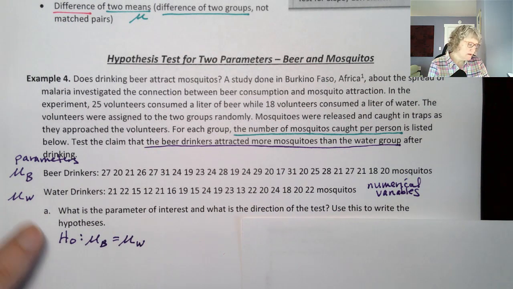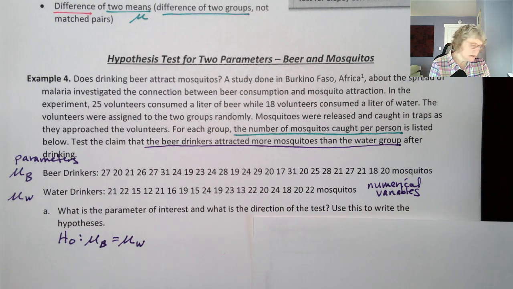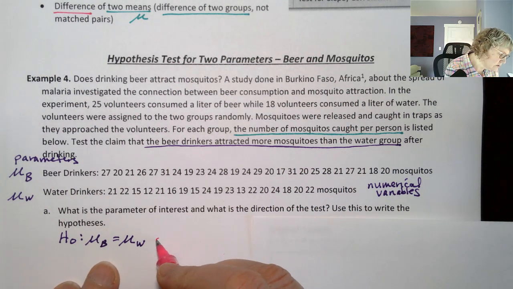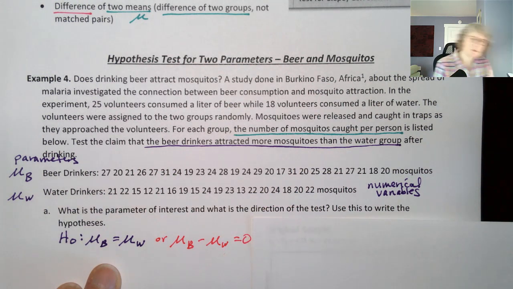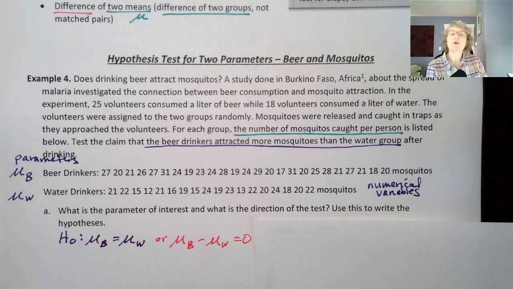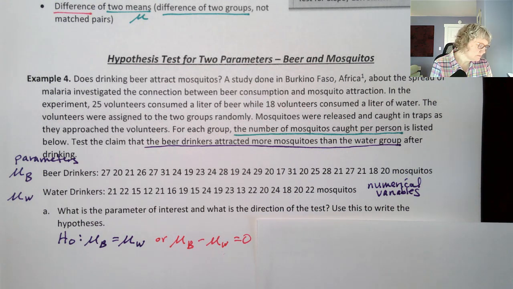Okay, and that is our null hypothesis. Now, we could also write it, you might see it another way, so let me write that as well. You might see it as a subtraction, or mu beer minus mu water equals 0. Okay, that's another way of saying there's no difference. So these two are used pretty interchangeably, so you could use either one of those. Okay. So that's our null.